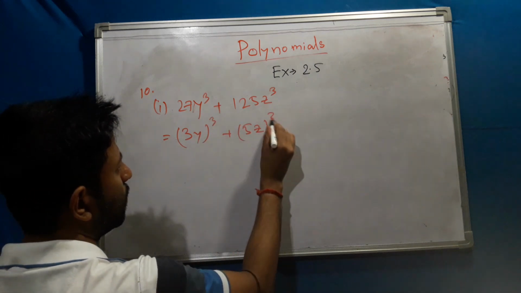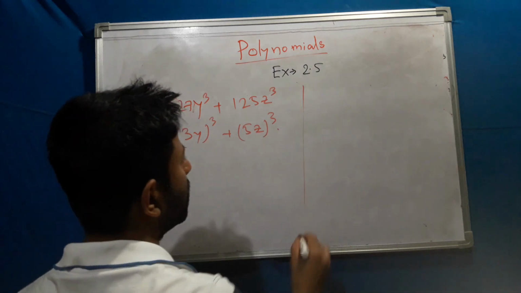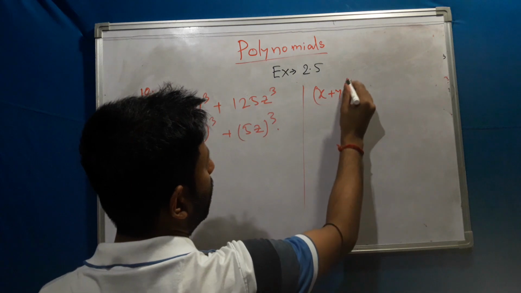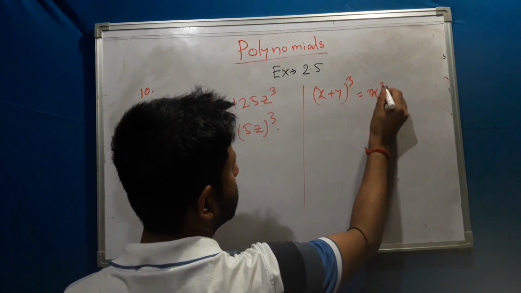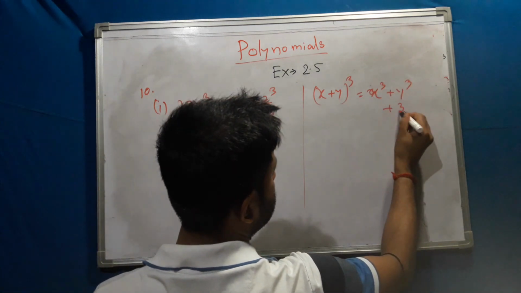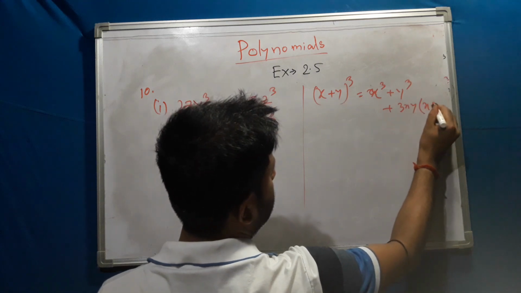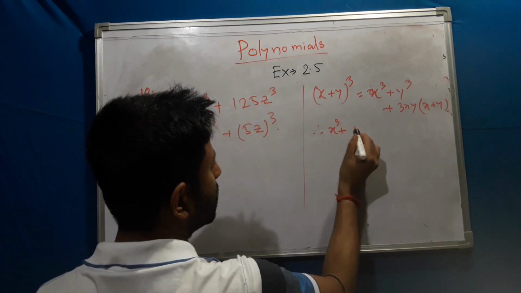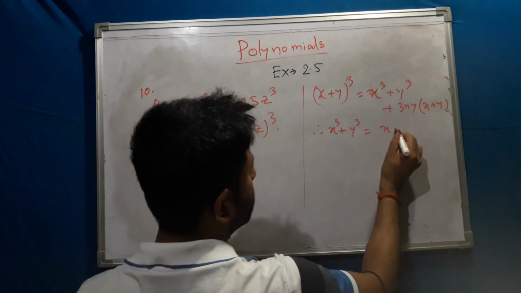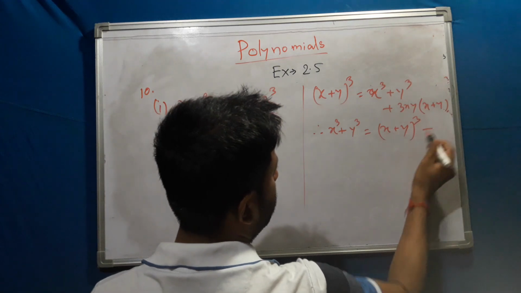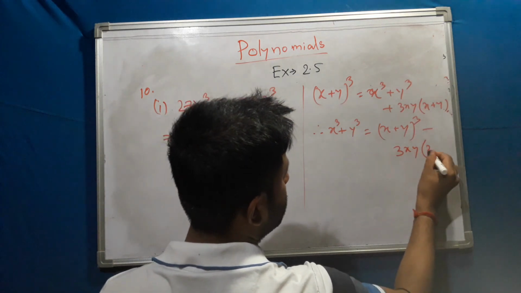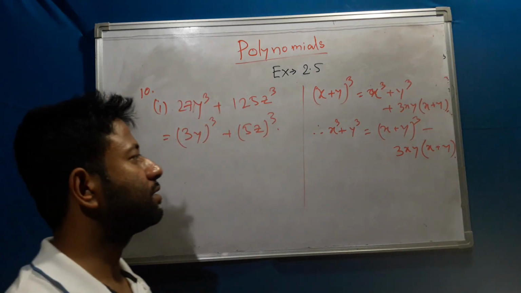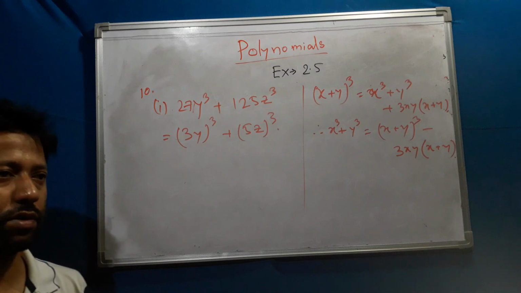Now we know the formula of which one? We know the formula x plus y whole cube equal to x cube plus y cube plus 3xy into x plus y. So what will be x cube plus y cube? It will be x plus y whole cube minus 3xy into x plus y. From that formula only I got this identity for x cube plus y cube.